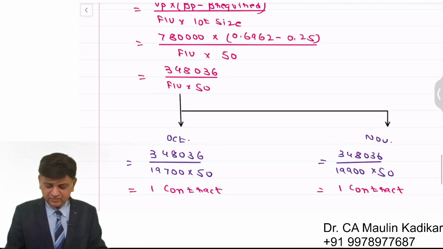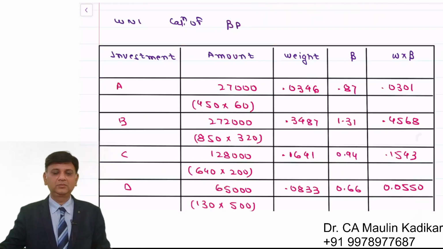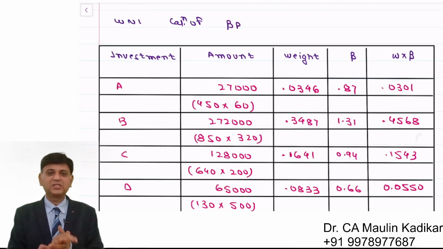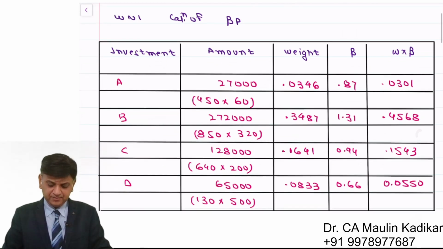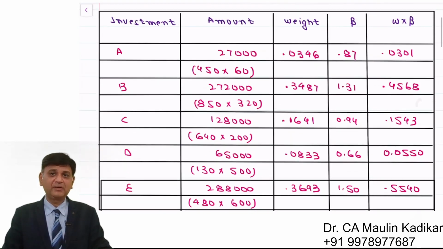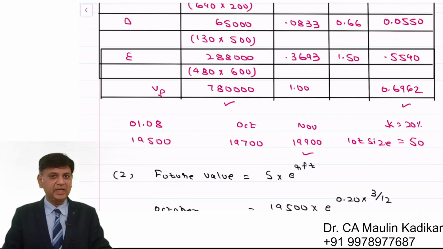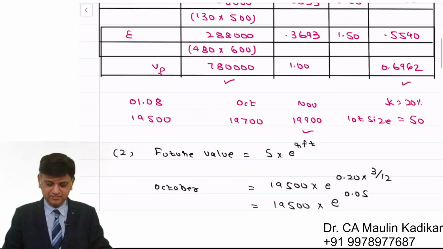So this is the way we are supposed to do hedging of the portfolio. So let us have a revision of the entire answer. In the first question, we are required to make the computation of the beta of the portfolio. In that case, we are required to compute the amount of the investment that we have made in the individual security, the proportion in which the investment is made, multiplying with the respective beta. That is the way the beta of the portfolio will be calculated. That's very simple.